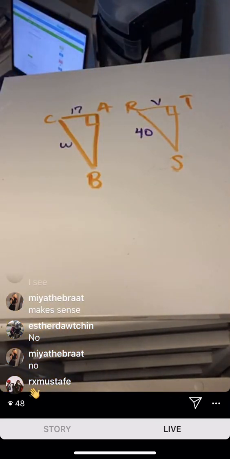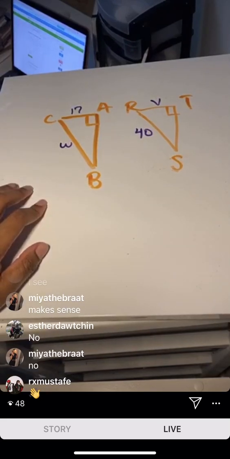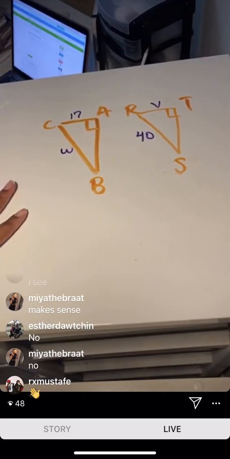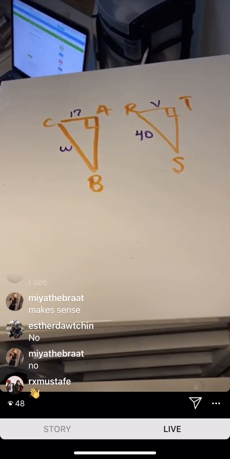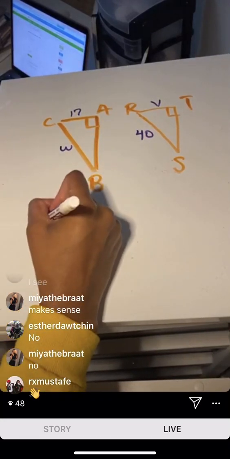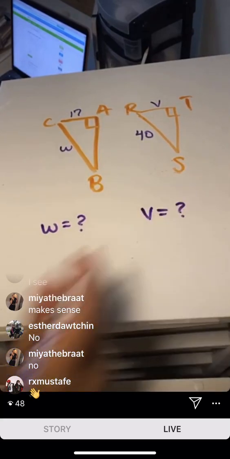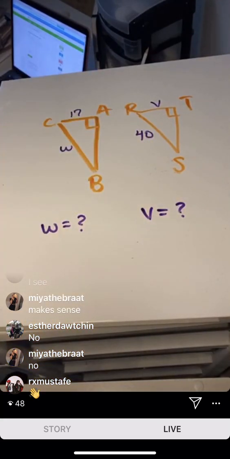All right, so with these types of problems, they are asking what values, is this Mustafa? Hello, Mustafa. What values would W need to be and V need to be to make these triangles congruent? Okay, that's what they're asking.